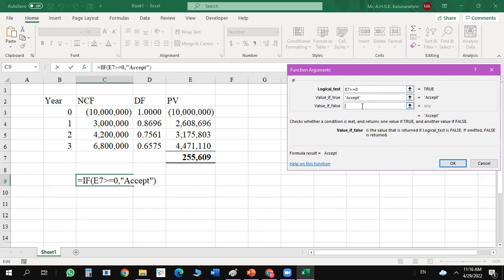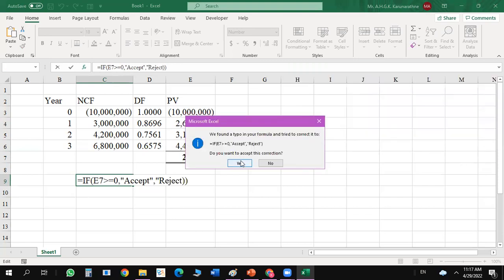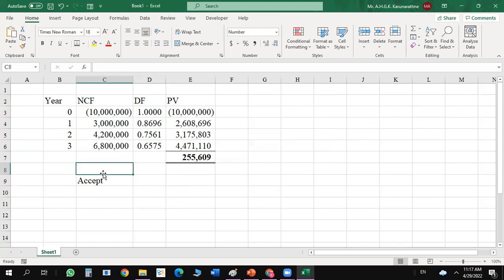Otherwise, if it is not true, it means it is negative, then we'll say reject. If E7 is greater than or equal to 0, that means it is positive, then say accept, otherwise reject. Right?